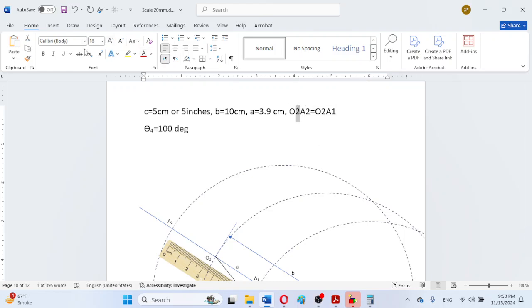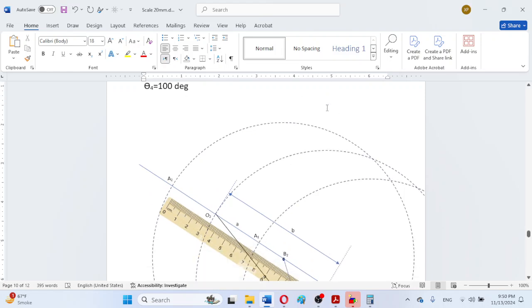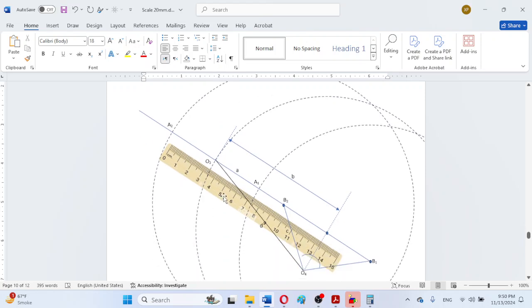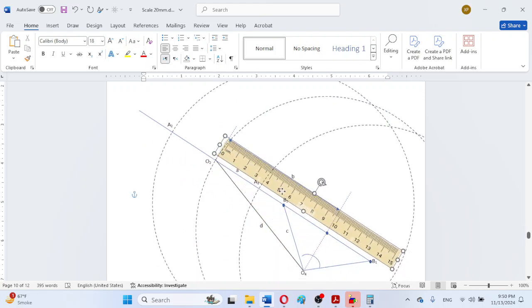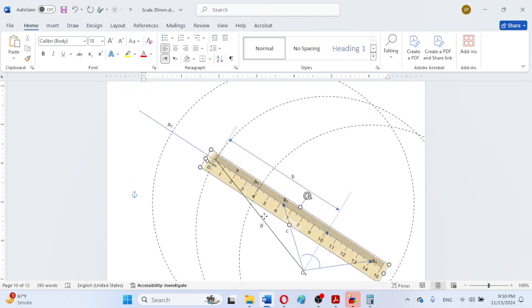So these are actually all equal to the crank length. In a similar manner, we can observe that this length is actually 10 centimeter, as can be verified.